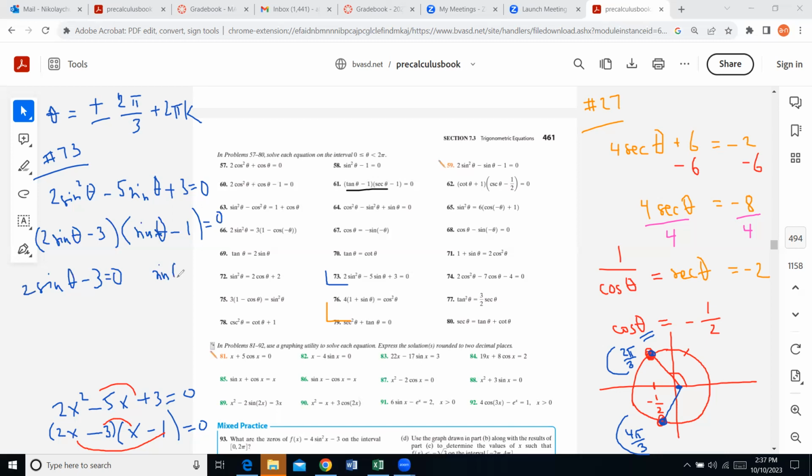Because if they both are not equal to 0, well, then you never get 0 when you have a product. And then you solve this equation, such as first will be sine theta is 1, second will be sine theta is equal to 3 over 2.